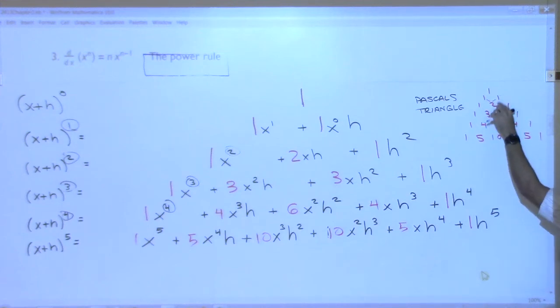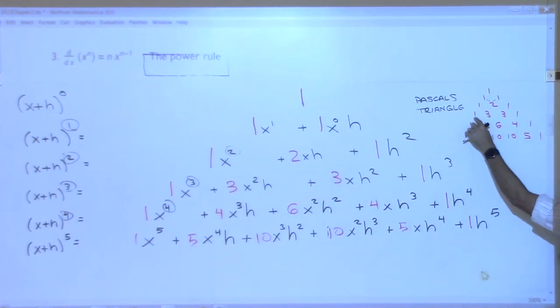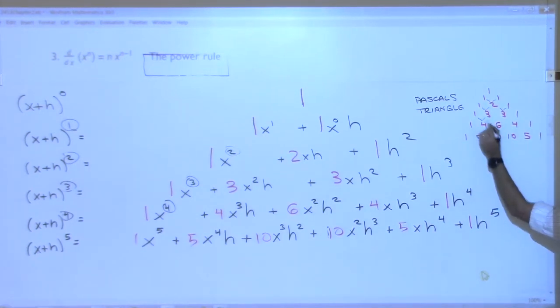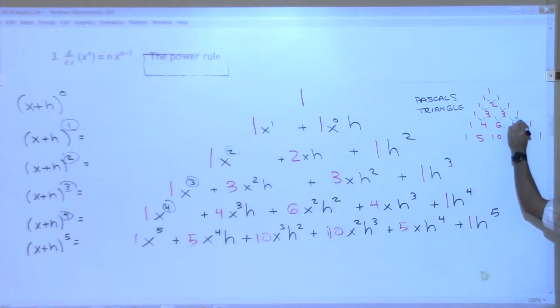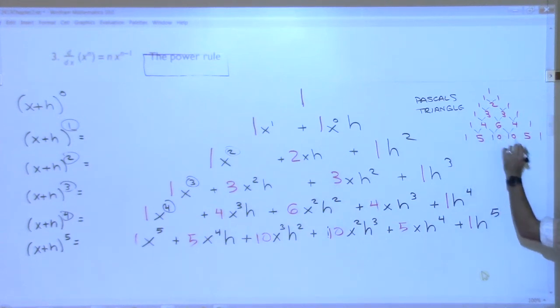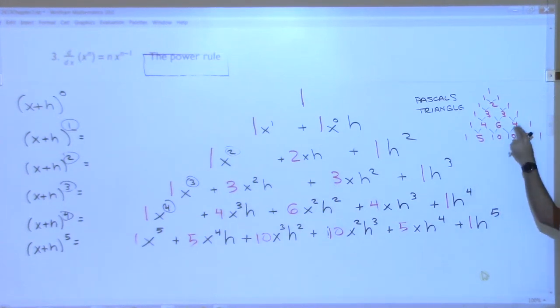So 1 plus 1 is 2. Next row, the ends are 1s. How did I get 3? 1 and 2 added. How did I get 3 here? 2 and 1 added. Next row, 1, 1. How do I get 4? 1 and 3. 3 and 3 is 6. 3 and 1 is 4. Does that make sense? So the next one here, that's where our 5 comes from. That's why we get 10 twice, right? 4 and 6, then 6 and 4, and then 4 and 1, and then 1.